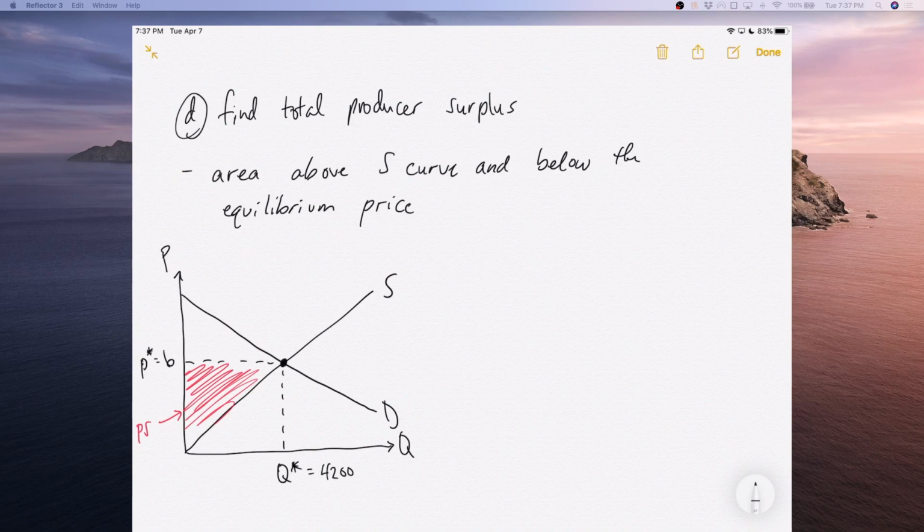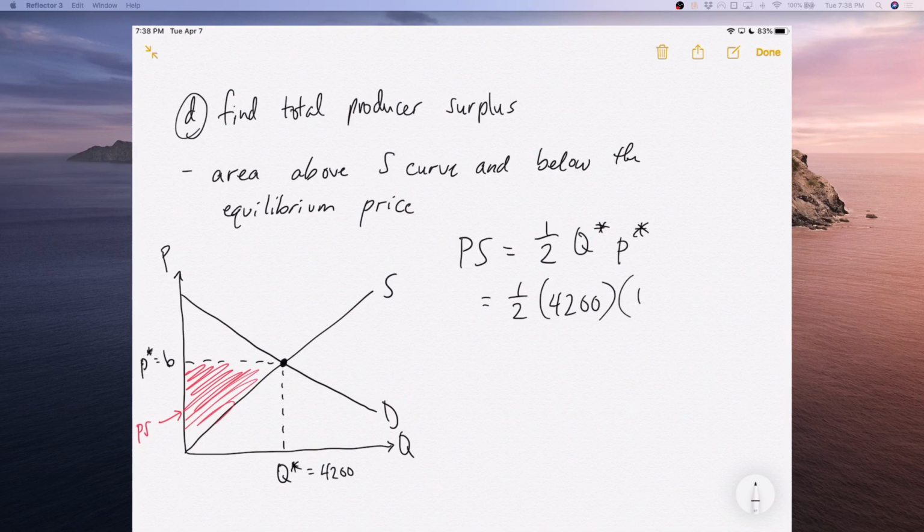So mathematically, producer surplus is going to equal 1/2. Our triangle equation is 1/2 base times height. In this case, we can say that our base is our Q star, and our height is our P star, 1/2 Q star times P star. So we're just going to plug that in, 1/2 times 4,200 times 6.